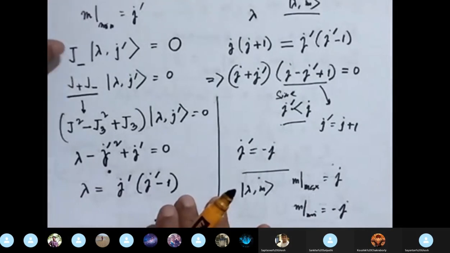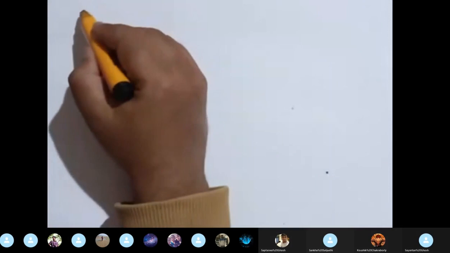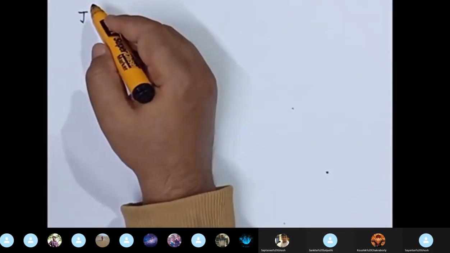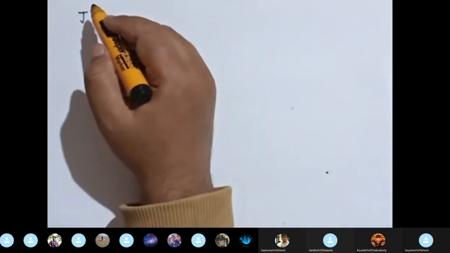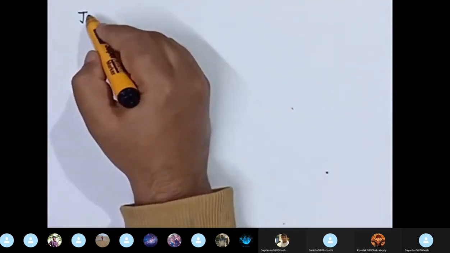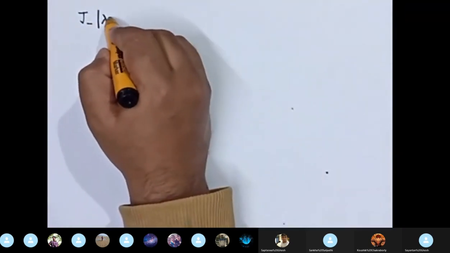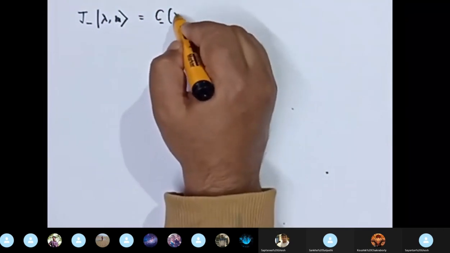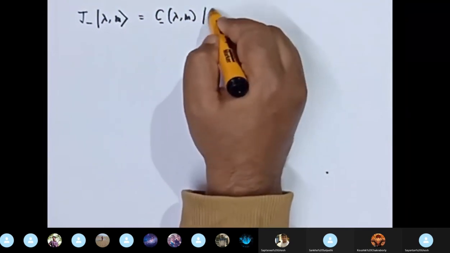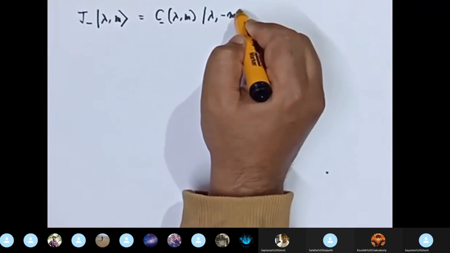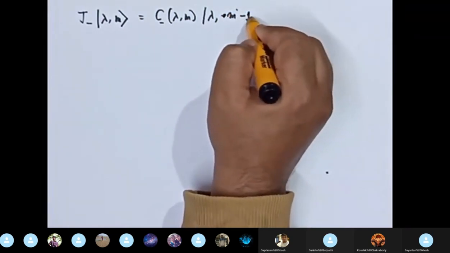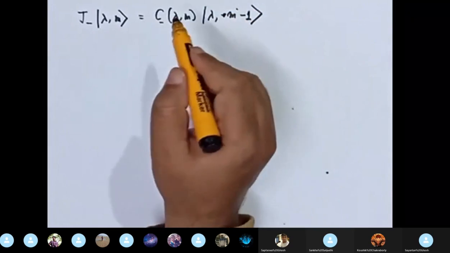Now look at this relation. J minus Jm is equal to some constant, lambda m minus 1. It lowers this state.